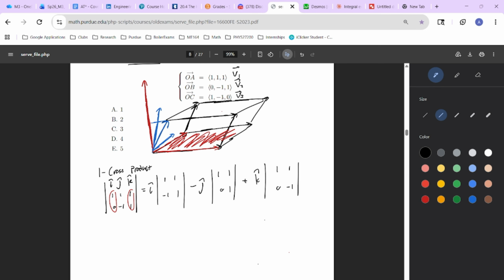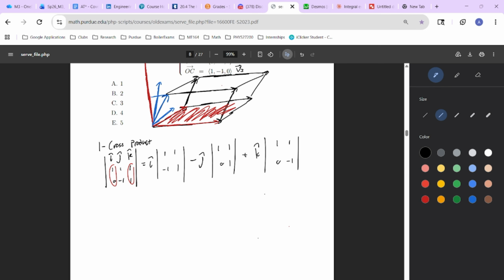Now, with everything written out, I will employ something called the determinant. Assuming that you have not taken linear algebra and you do not know what the determinant is, each of these smaller matrices has an area associated with them. The area of the vectors contained within this matrix can be found by multiplying the first entry here by its diagonal entry and subtracting that by this entry multiplied by its diagonal entry.